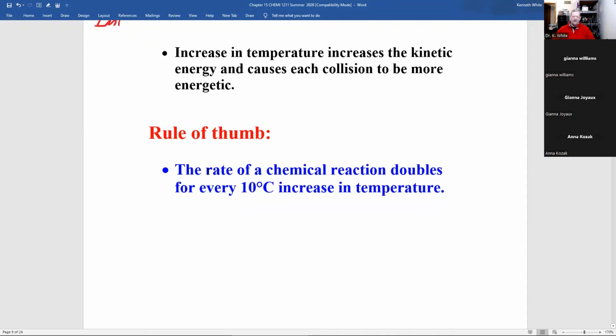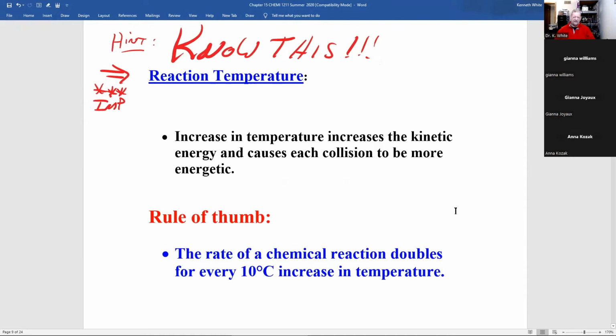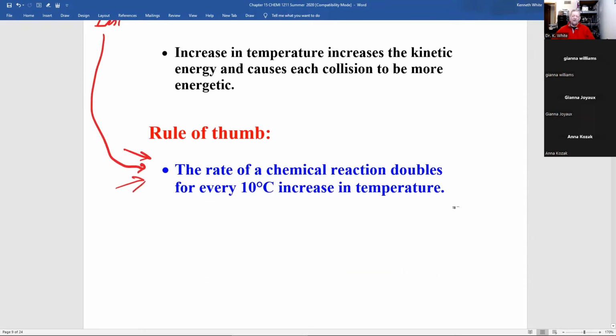And what you should know is that the rate of a chemical reaction doubles for every 10 degrees C increase in the reaction temperature.